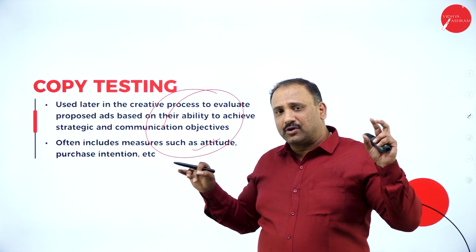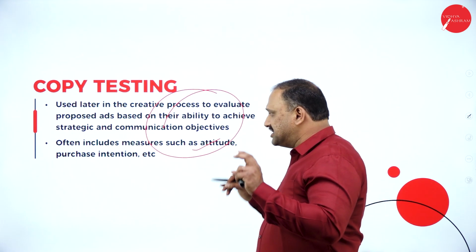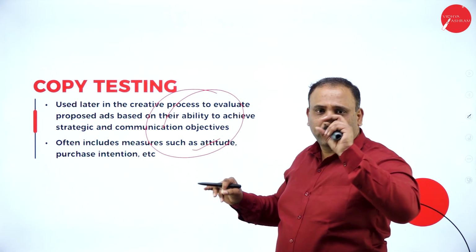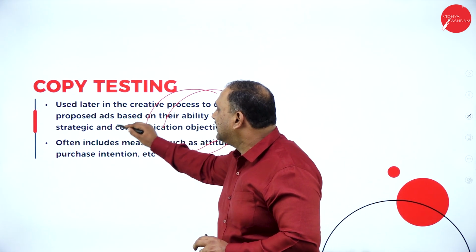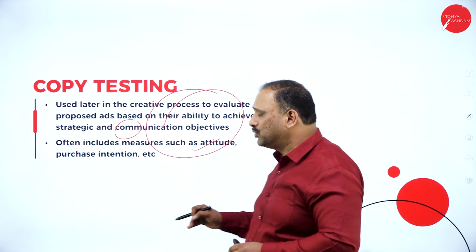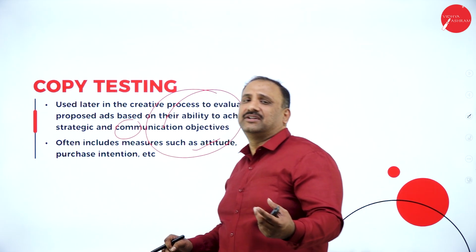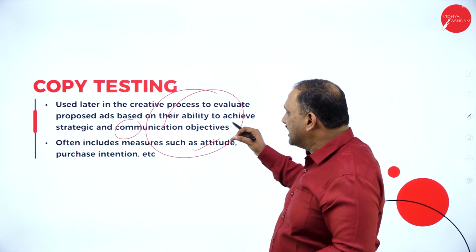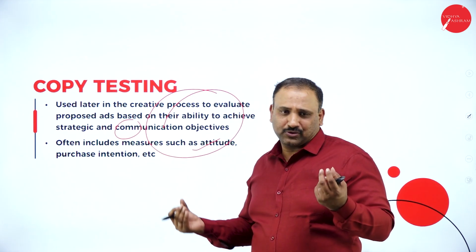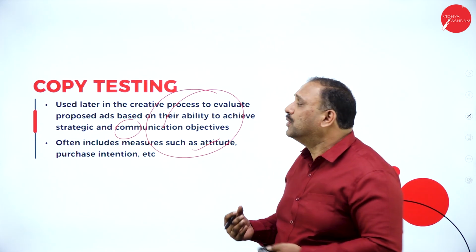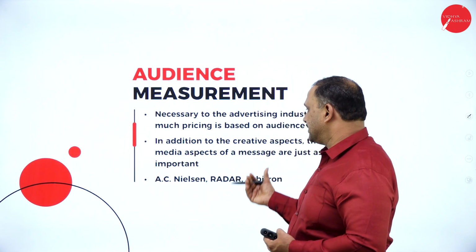Whenever we are talking about this entire ideology, it becomes very important to understand the communication pattern: what is the objective on which we are doing it, why we are doing it, and what does it matter altogether. So, in the copy testing process, we are going to evaluate your proposed idea. We're going to see whether it's really going to work out, whether it's going to be of great value or not. Then, the audience measurement, you know that.